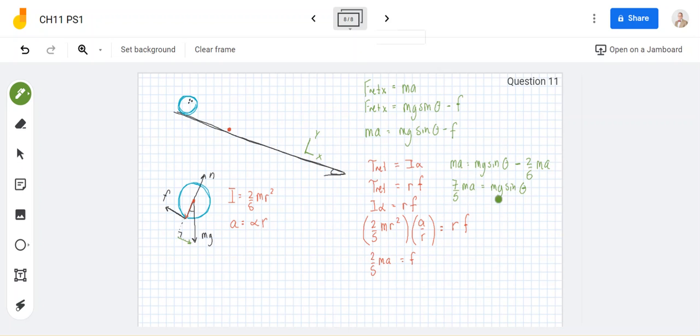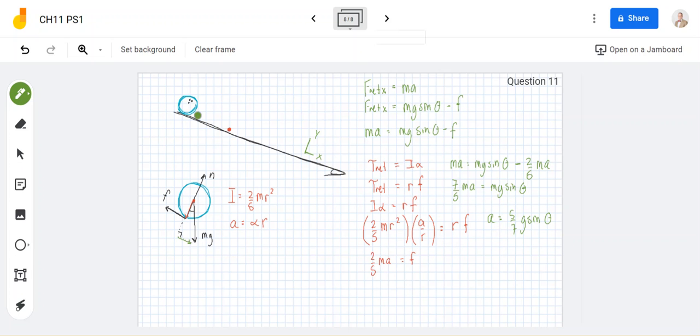And I'm going to also move this fraction over here. So I have a is equal to 5/7 g sine theta. So two really important things happened. One, the radii magically disappeared, and the mass magically disappeared.